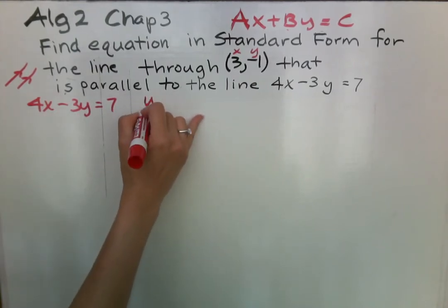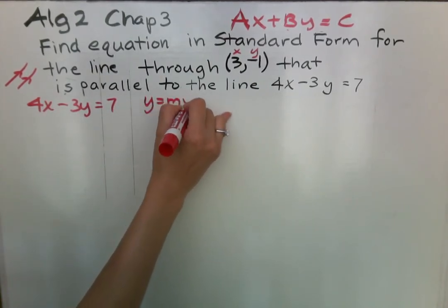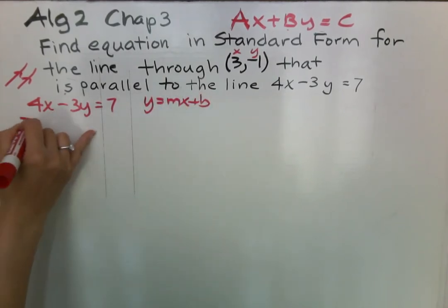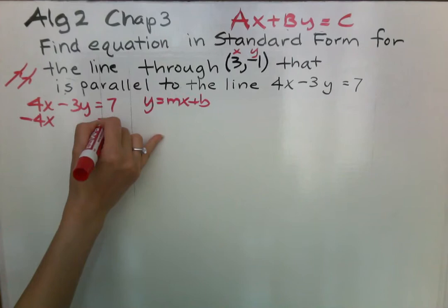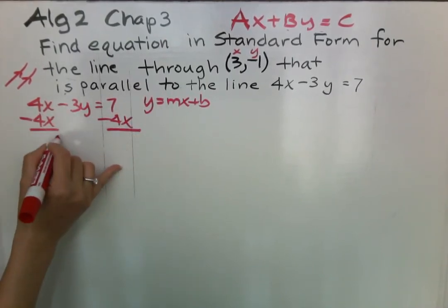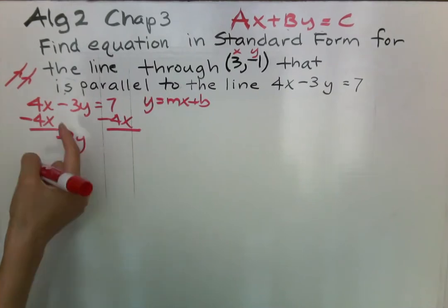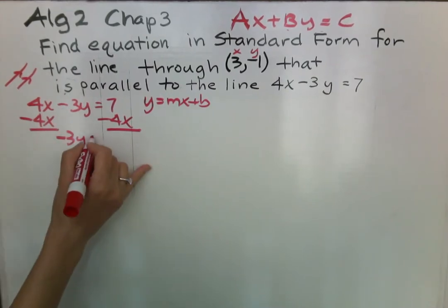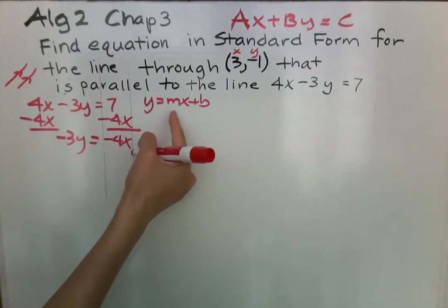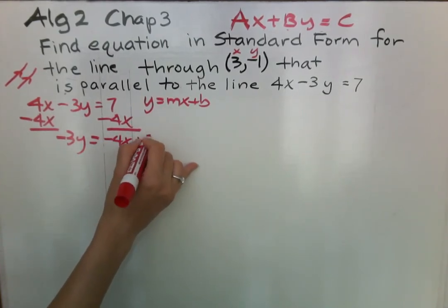So let's go ahead and find the slope for this. To find the slope, we have to get it into y equals mx plus b form and get y by itself. So we're just going to do some basic algebra and isolate y. Don't forget to bring down the -3y. This is an area of common mistakes. Equals, and we're going to put -4x because we want it in this form, x plus 7.